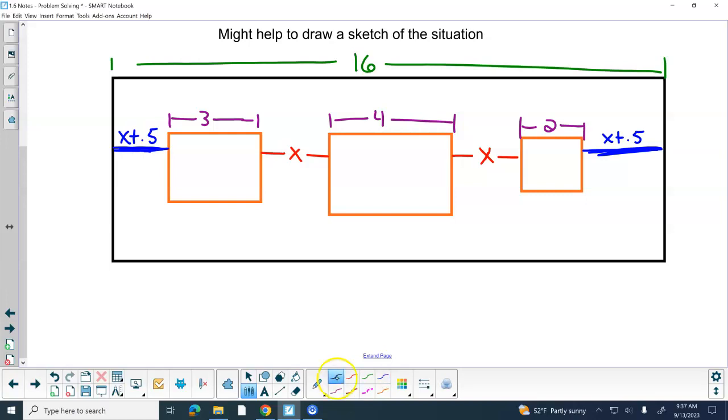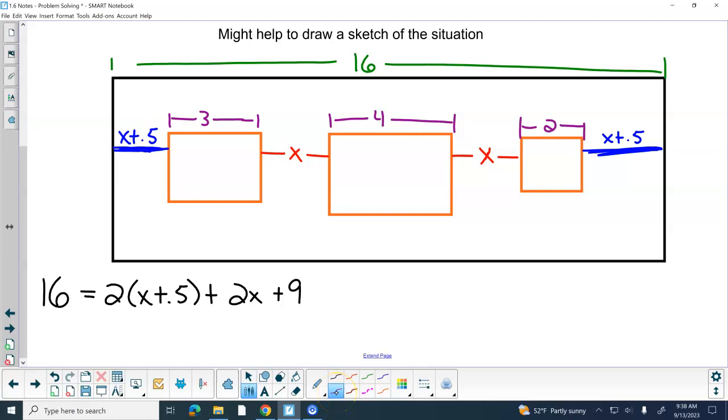Plus 9, you said? Okay. So let me color code this then.